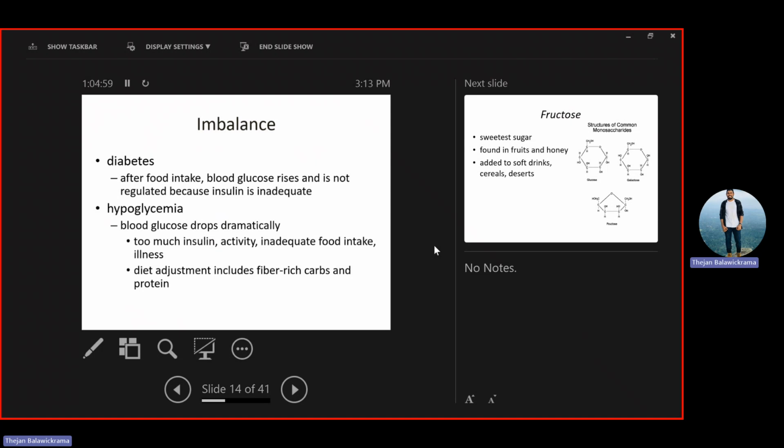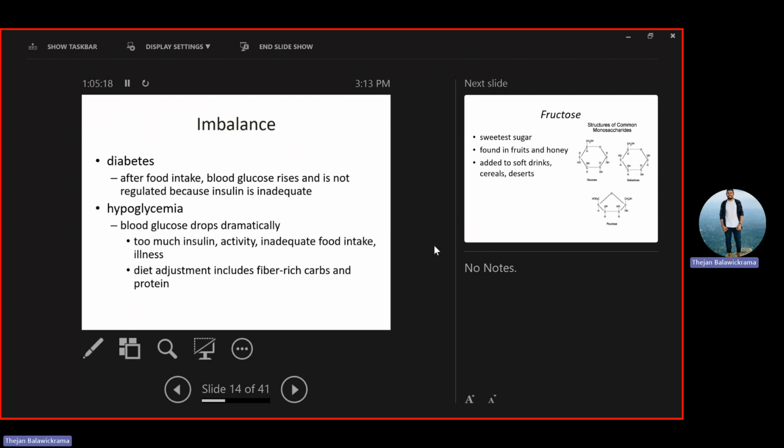Then I was talking about the imbalance. If we don't have enough insulin due to some health issue, there will be an imbalance of glucose. That is diabetes.